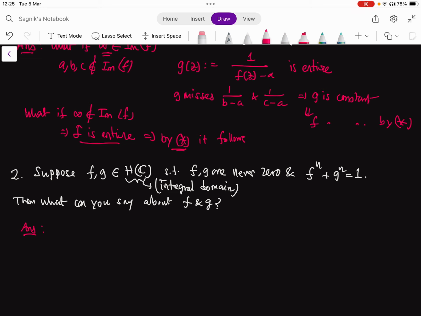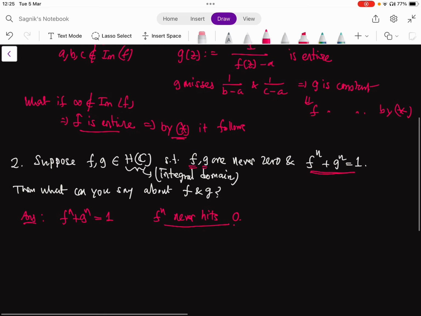To start with, we already have that both f and g miss 1 point. So if we can find another point that f and g miss, we'll be done. And that basically is this condition, because f to the n never hits zero, right? Because f never hits zero. This is just pointwise multiplication.